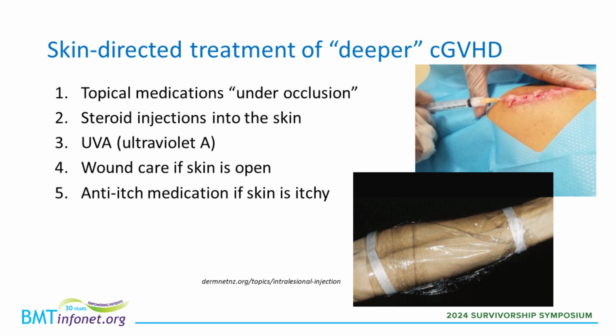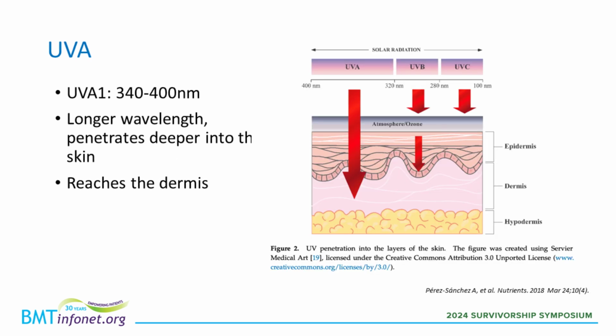For patients that have deeper chronic graft-versus-host disease, if we're going to use any kind of ultraviolet-based treatment, it'll be ultraviolet A, and I'll talk about that on the next slide. Ultraviolet A has deeper penetration into the skin. Based on the longer wavelength, it's going to penetrate deeper and reach into the dermis.